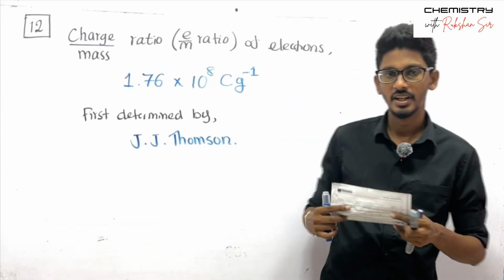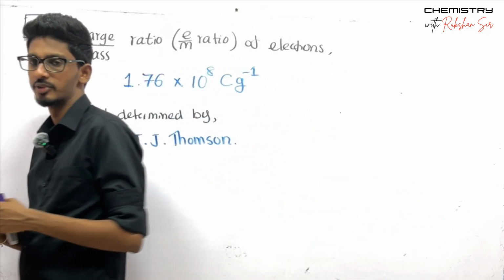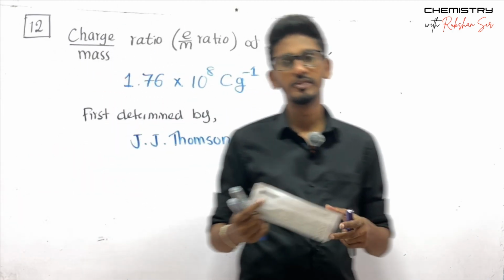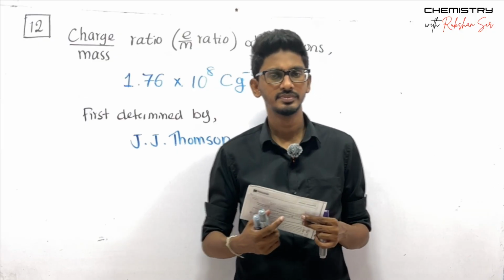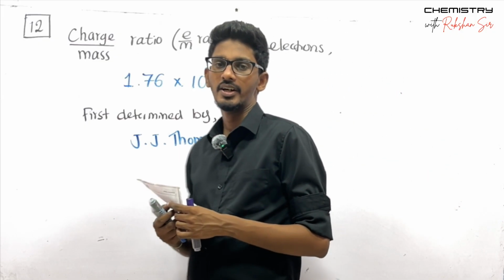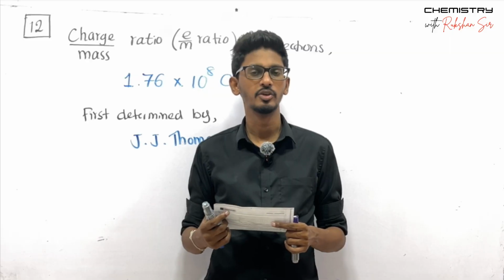With use of deviation angles of the cathode rays, he was able to determine the charge to mass ratio of electrons. That ratio won't depend on the gas inside the tube or the metal of the cathode used.